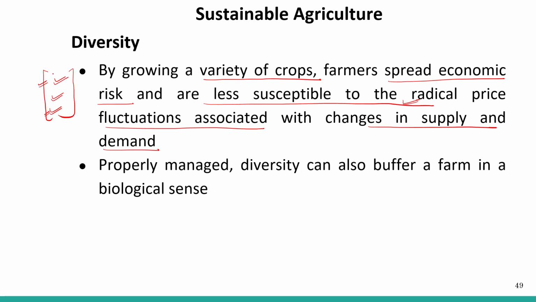So there are so many fundamental ways in which you can get a loss if you are following monoculture. But if you are following a variety of crops, then suppose there is a loss on one particular crop, but the other two crops can give you no economic risk, and you have a profit in that term.